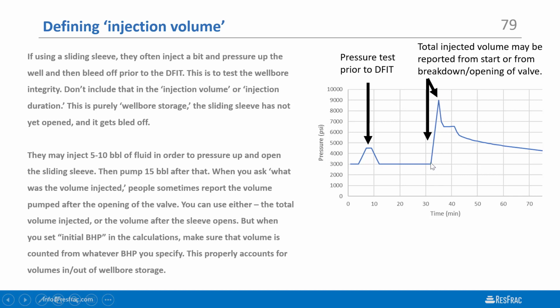If you count this injection as total injection volume, then in our interpretation procedure, we ask for a wellbore storage coefficient. We ask for the initial pressure at the beginning of injection, and it would account for that wellbore storage. So you just need to make sure that when you're talking about injected volume, you know whether it was from the actual start of injection or from the breakdown.